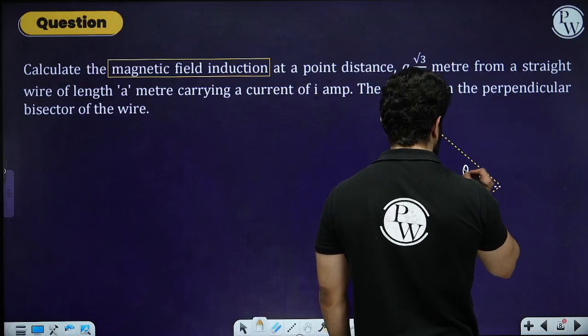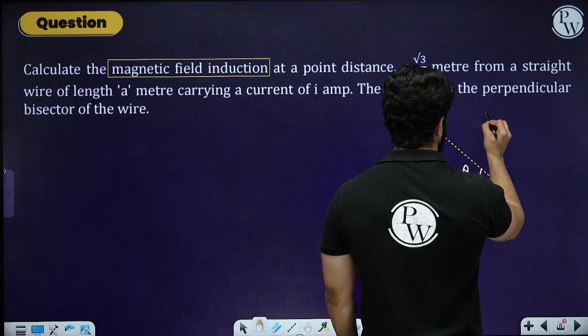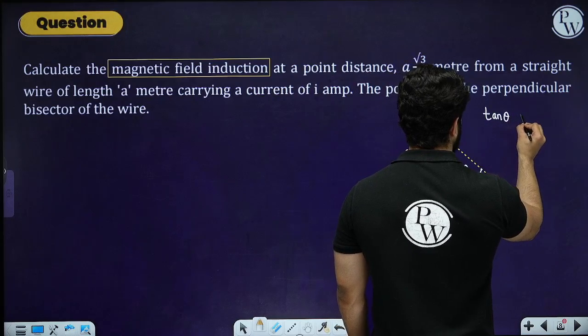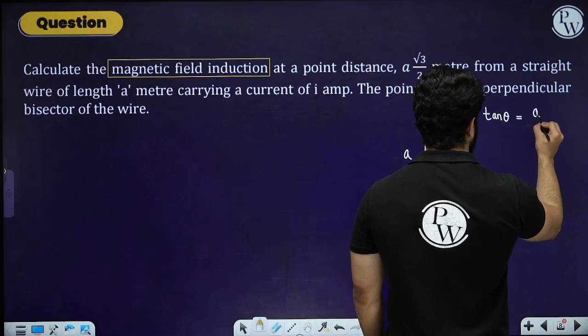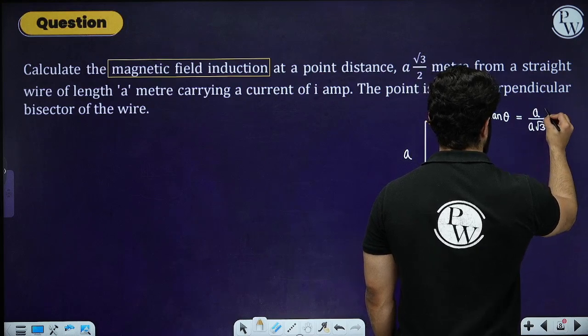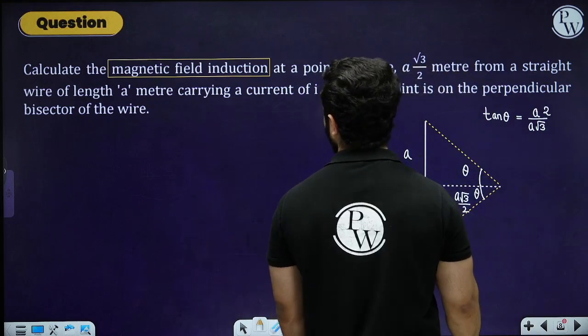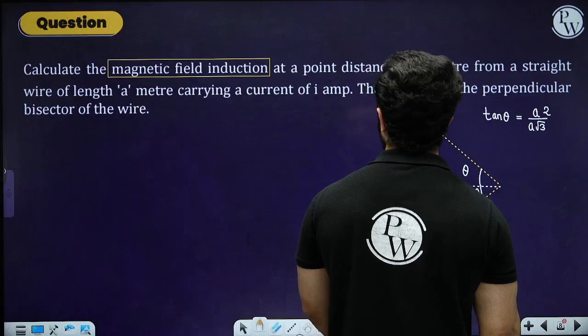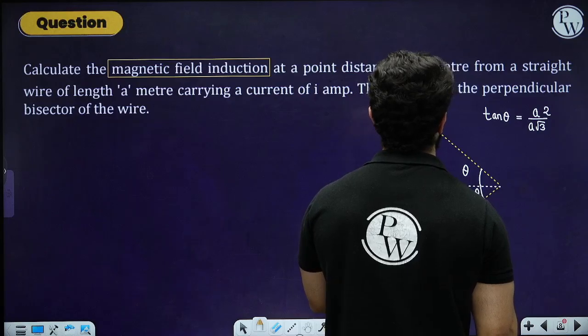So if I want to know, I'll simply write that tan theta is equals to perpendicular upon base. Hopefully everything is clear till this point. Perpendicular at a distance of a root 3 by 2.